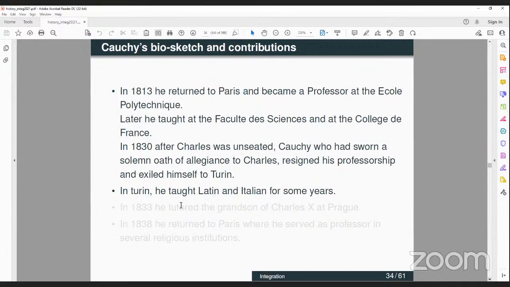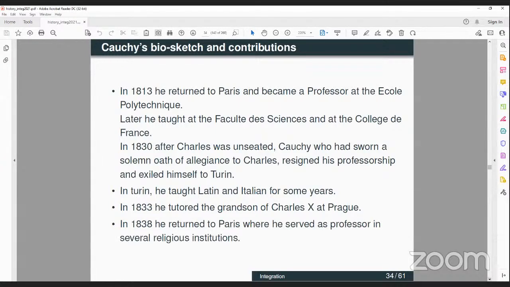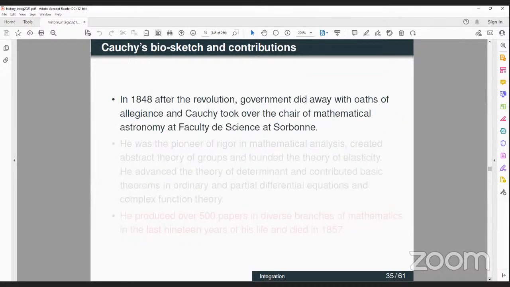In Turin, he taught Latin and Italian for some years. He tutored the grandson of Charles X at Prague, and in 1838 he returned to Paris, where he served as a professor in several religious institutions.